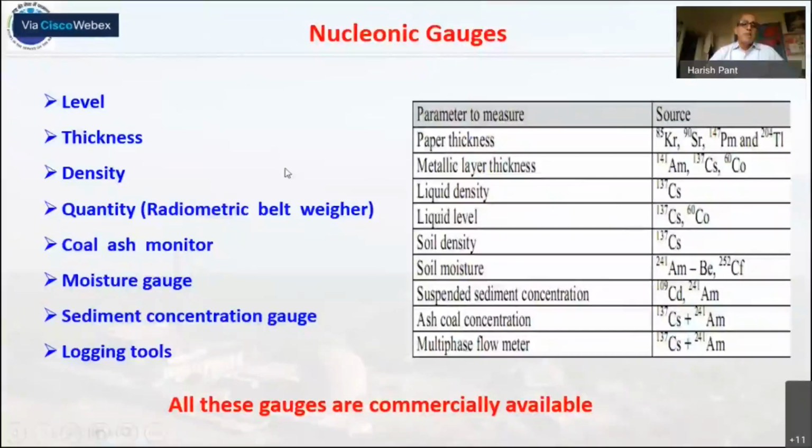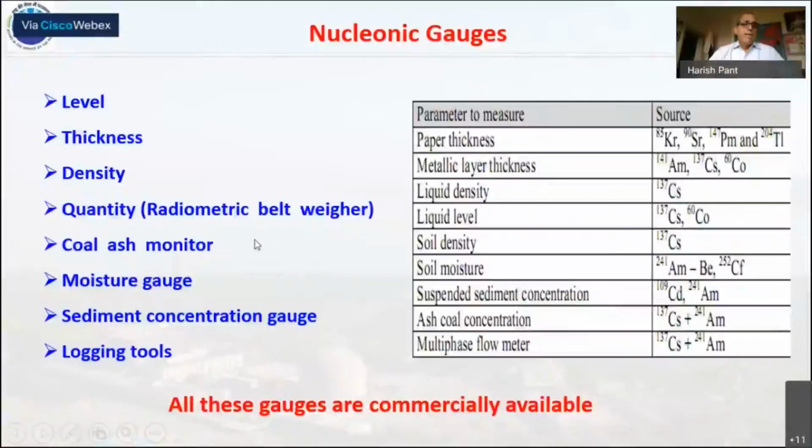If one wants to measure how much quantity is being transported at any particular time, one can find out the quantity. Then there is the coal ash monitor, with which one can find out the ash content in coal.